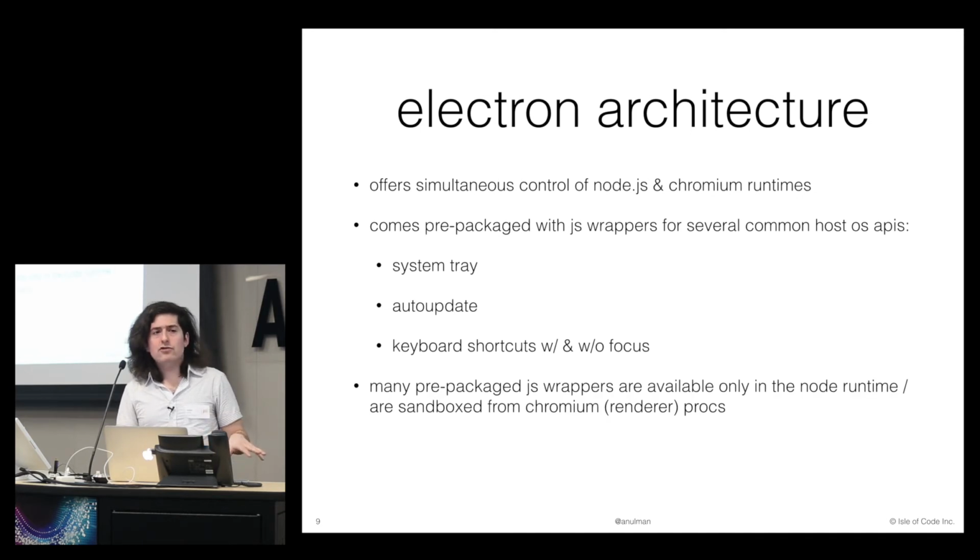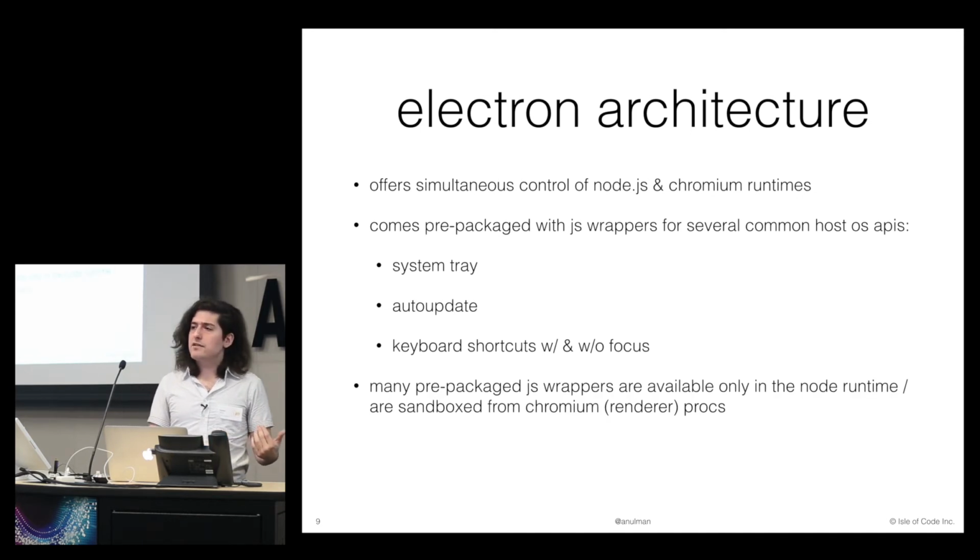Many of these prepackaged JS wrappers are restricted to the main process because you're concerned about memory leaks and security. For example, if you've registered a keyboard shortcut, you want to do that in the main process so that you're able to clean up, or you're encouraged to clean up at the end of the app's run, rather than have that listener linger after a browser window may have already been closed.